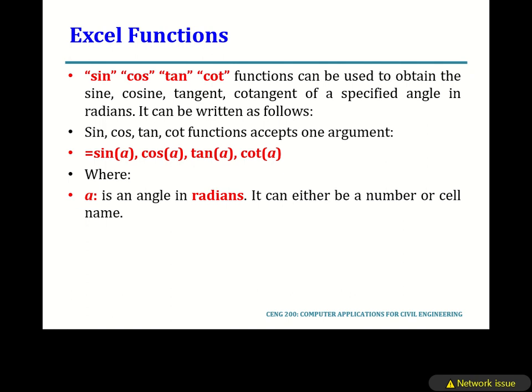Your calculator, the default is angle is always in degrees or radians? Degrees. Come on, guys, you are now becoming civil engineers. Don't embarrass yourselves. Okay, angle is measured in radians and degrees.